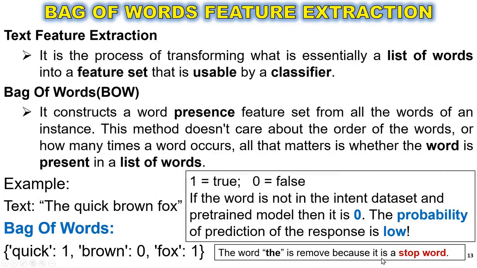Text feature extraction is the process of transforming what is essentially a list of words into a feature set that is usable by a classifier. The bag of words refers to those collected words that are placed in an imaginary bag that has a present feature from all the words of an instance.